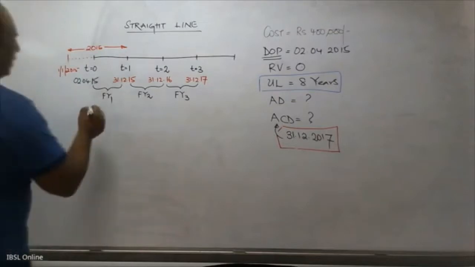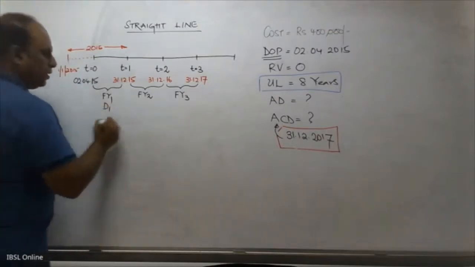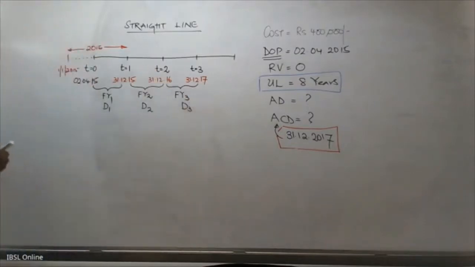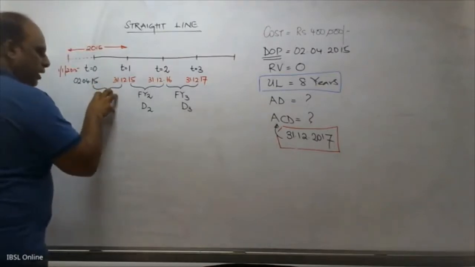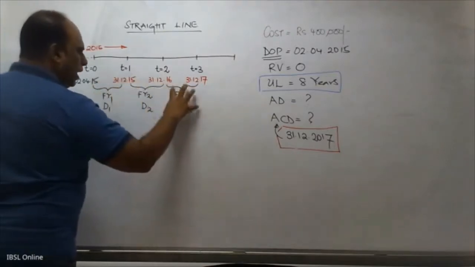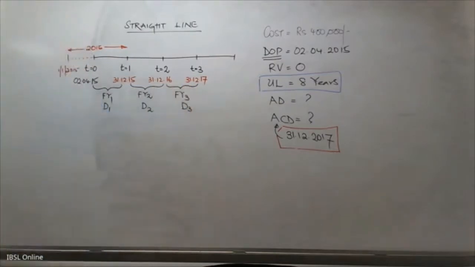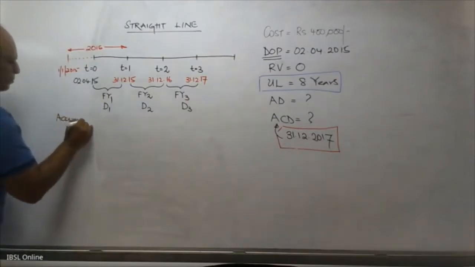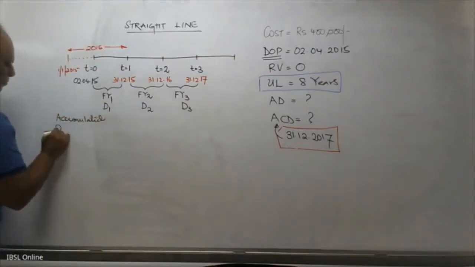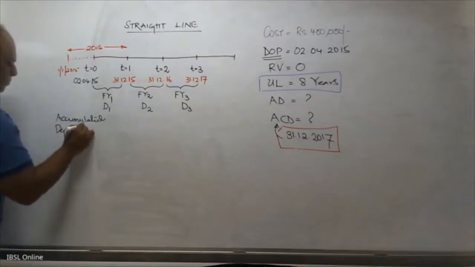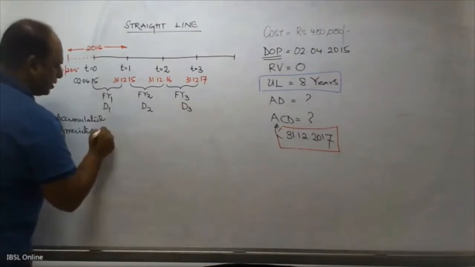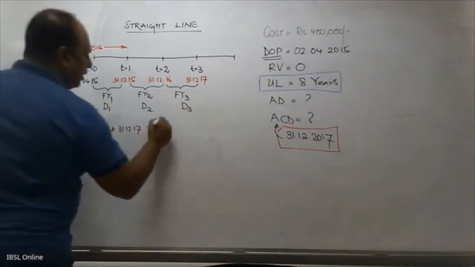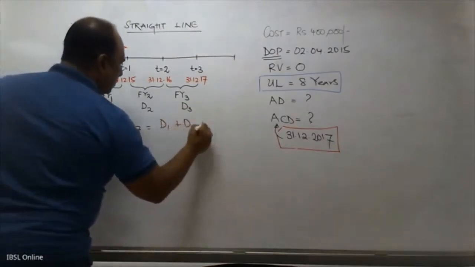So this would be my depreciation 1, this depreciation 2, this depreciation 3. That means annual depreciation 1, annual depreciation 2, annual depreciation 3. So my accumulated depreciation as at 31/12/2017 would be D1 plus D2 plus D3.